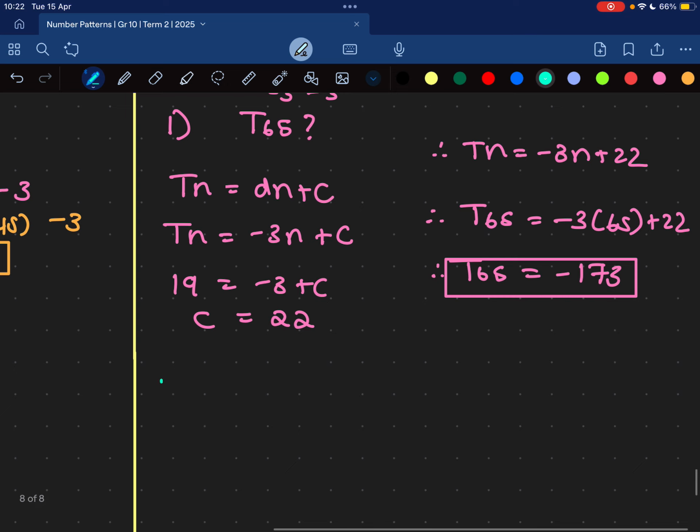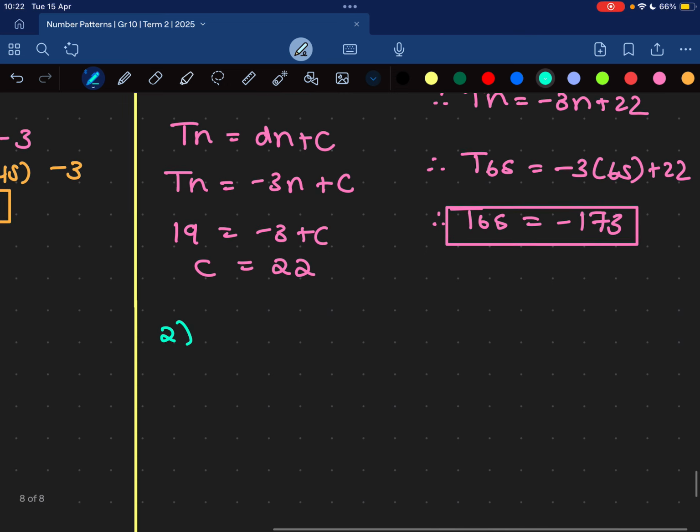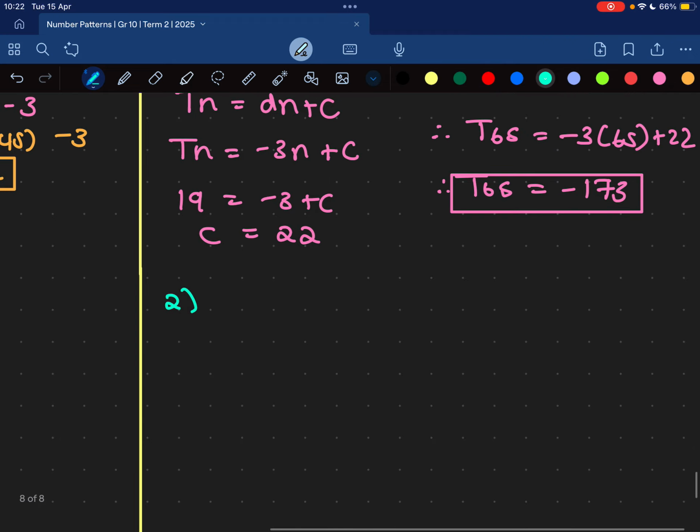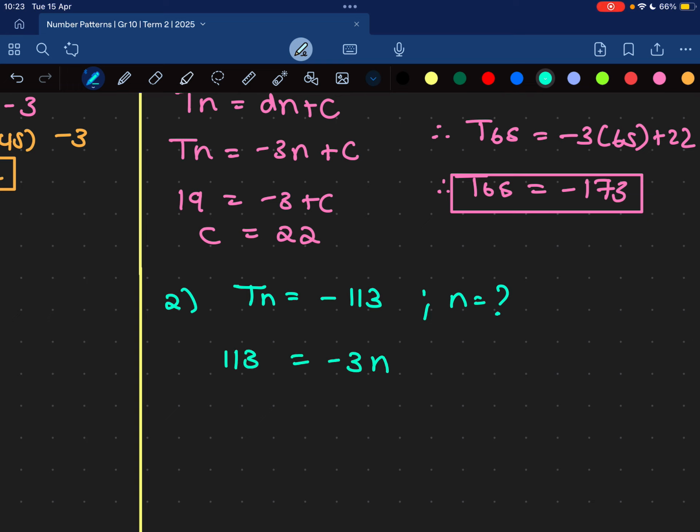Okay, the second part of the question asked, which term in the sequence is equal to negative 113? So Tn is negative 113. They want you to find n. So negative 113 is equal to negative 3n plus 22.